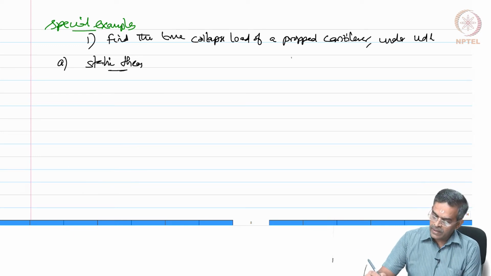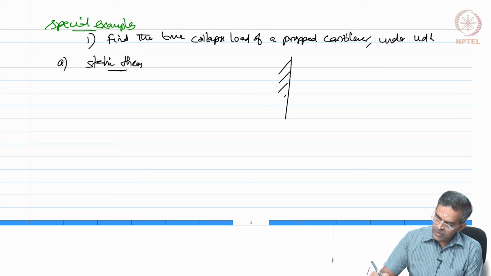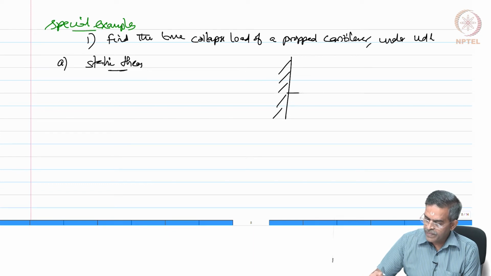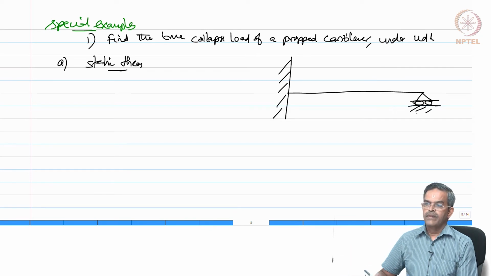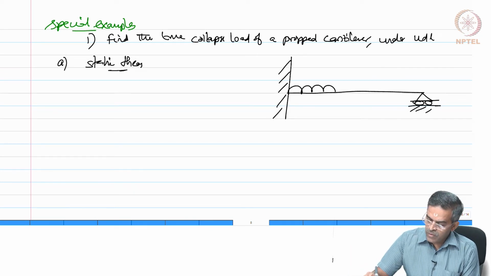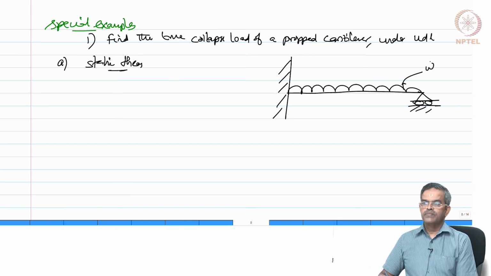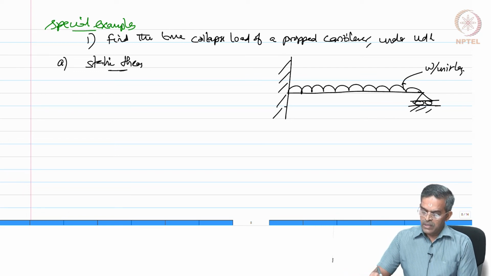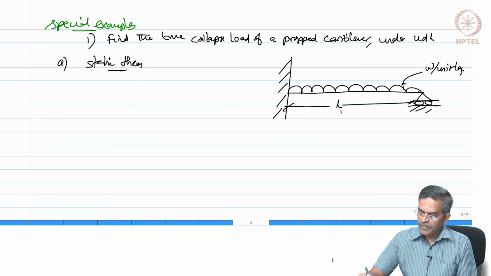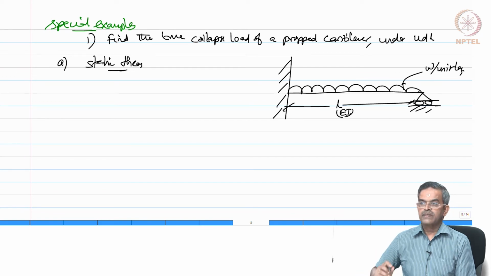So, let us take a cantilever which is propped at one end, subjected to uniform distributed load w per unit length. Let us say the span of the beam is L and it has got EI properties.